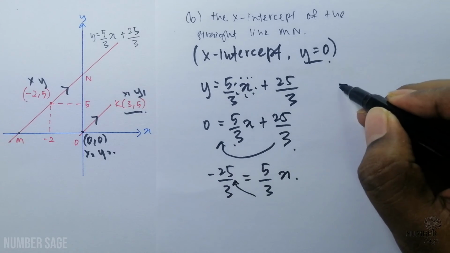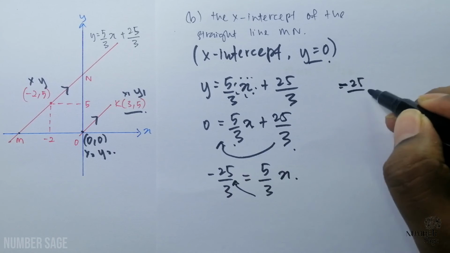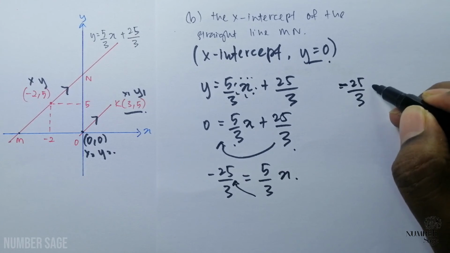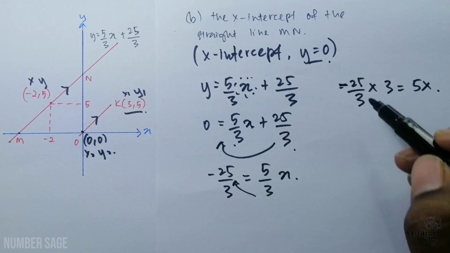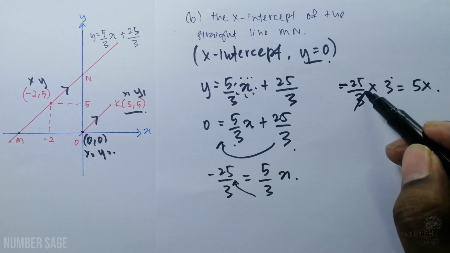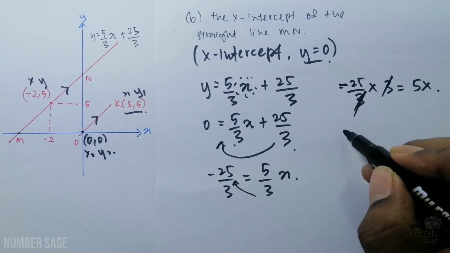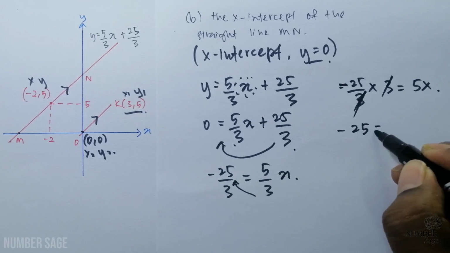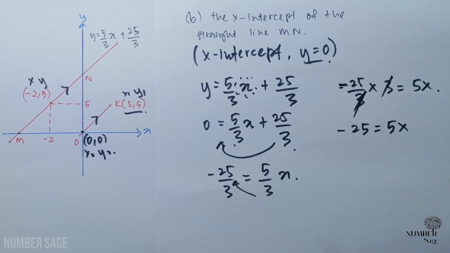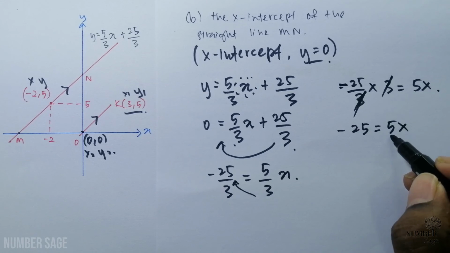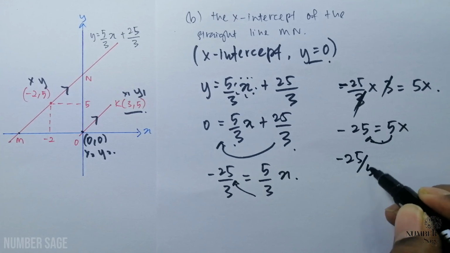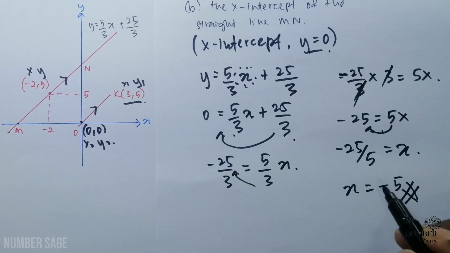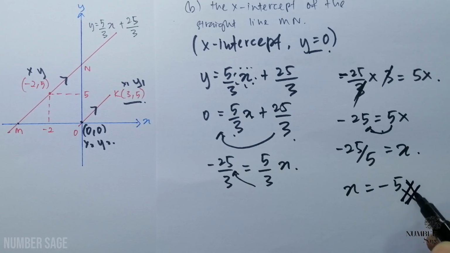This will give us negative 25 over 3 times 3 equals 5x. So we'll have negative 25 equals 5x. Let's bring this 5 to the other side. This will give us 25 over 5, and further solving will give us x equals minus 5.